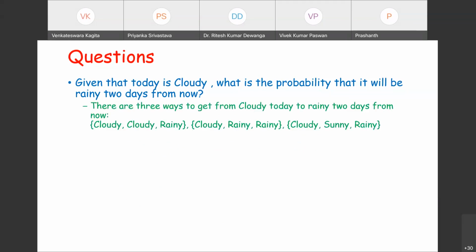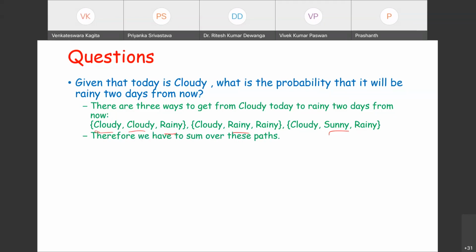So the possible ways to reach from cloudy today to rainy 2 days from now are cloudy, cloudy, rainy, or cloudy, rainy, rainy, or cloudy, sunny, rainy. So we know this and this. We don't know this. So make an assumption for all the possibilities: cloudy, rainy, sunny. So all three possibilities, let's compute the probability for all three and take the sum over that.